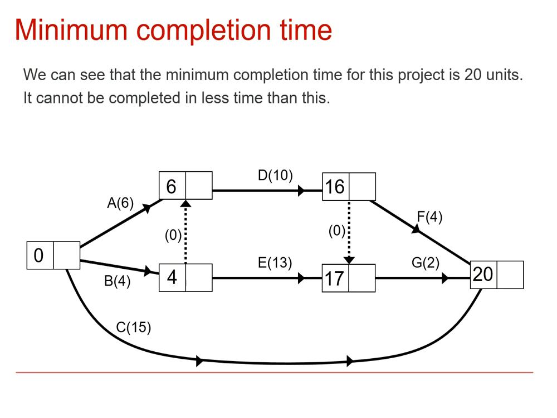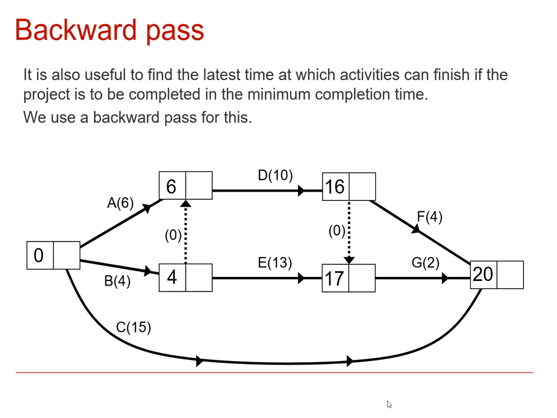And what we can conclude from having done this is that this project has a minimum completion time of 20 units, and it would be impossible to do it in less time than that. So the next thing we're going to do is what's called a backward pass, and what the backward pass will tell us is the latest time at which each activity can finish.